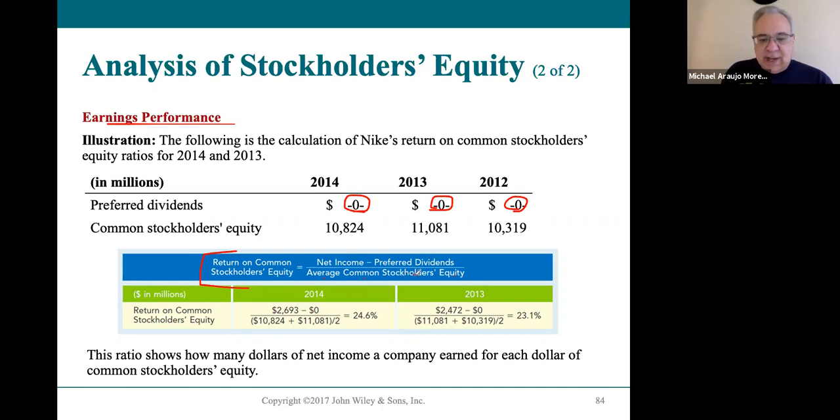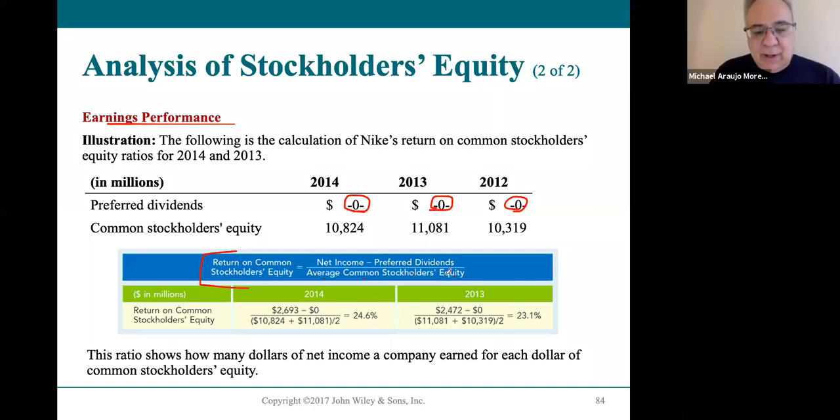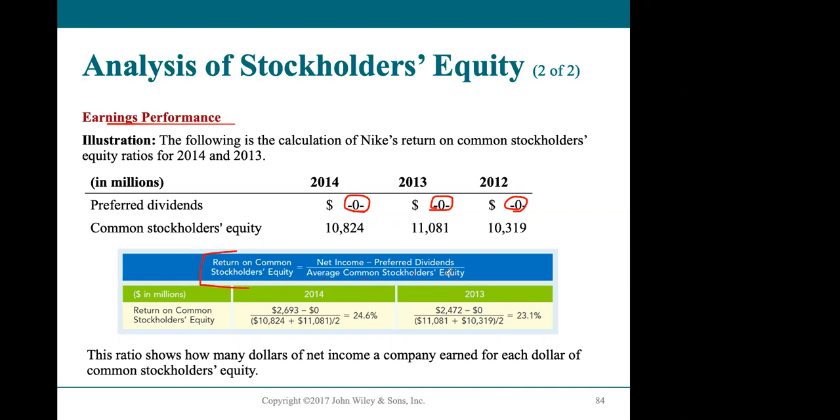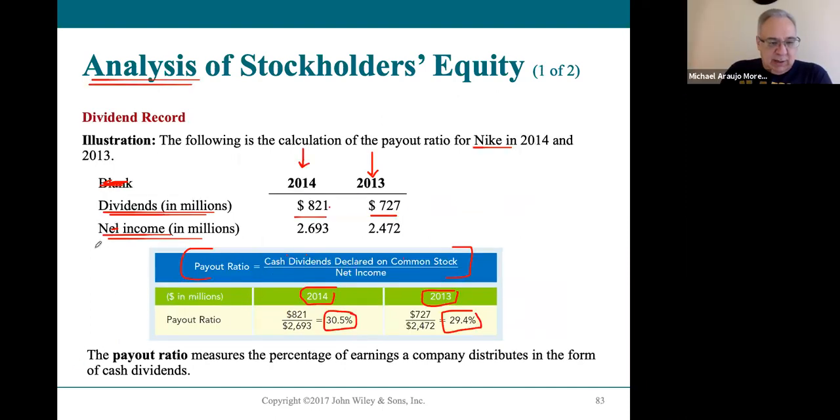Common stockholders' equity is on the balance sheet. Where did they get the net income from? The net income is on your income statement. Right? Okay. The net income comes from the income statement. I think that's what was listed here. Your net income was provided on the previous.